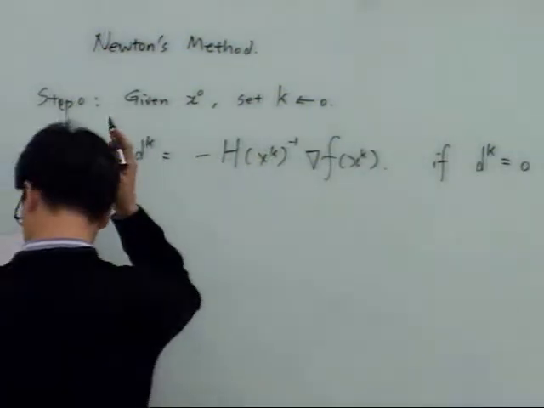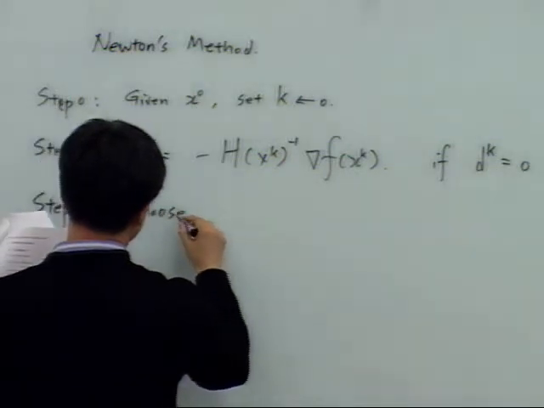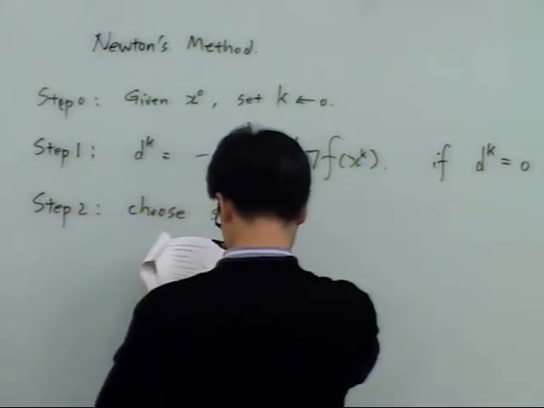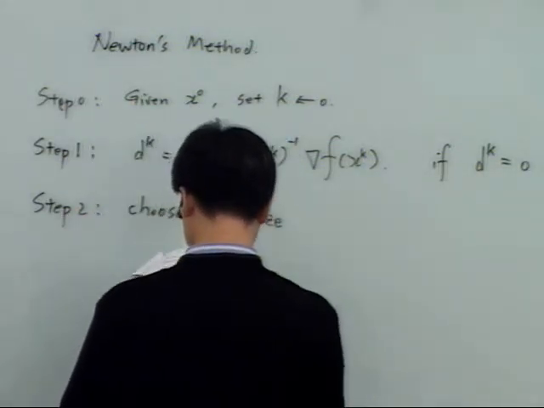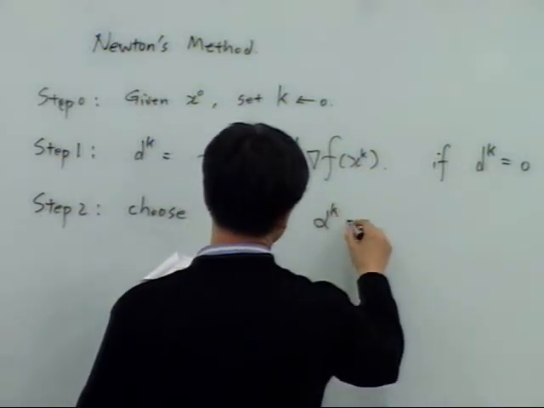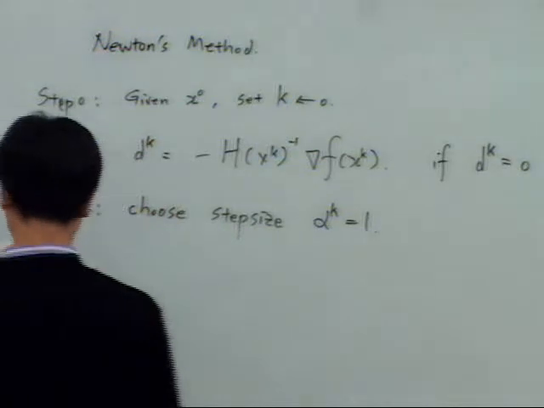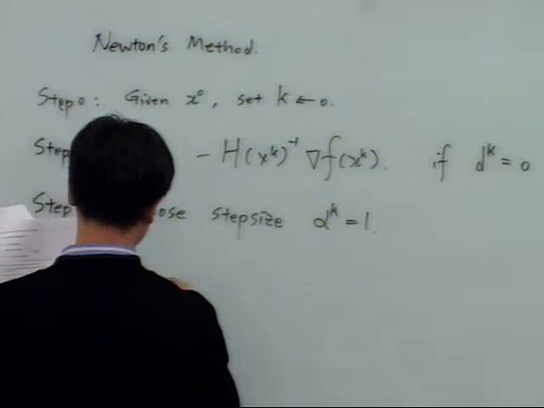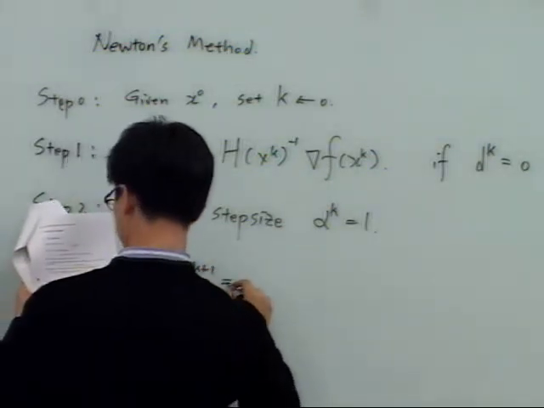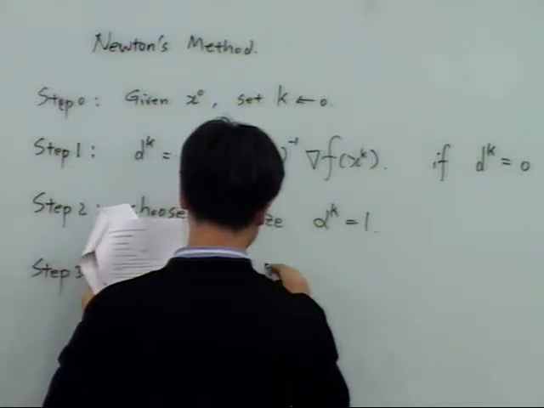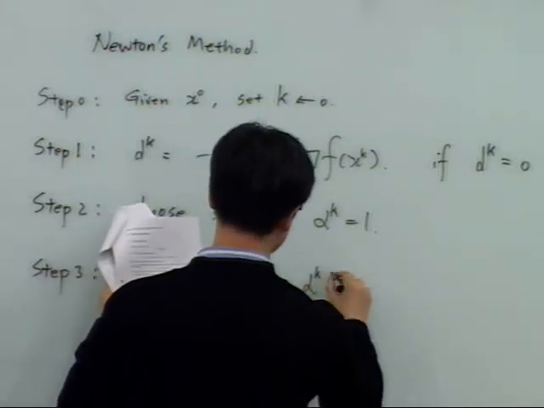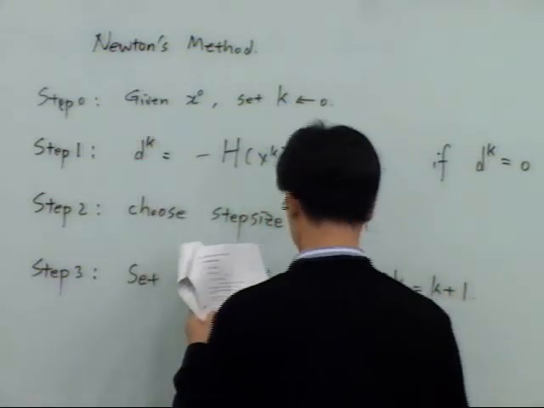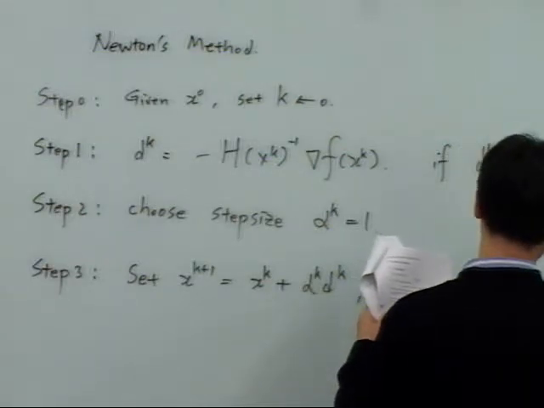Step number 2, choose step size. Step 3, set x_(k+1) equal to x_k plus alpha_k d_k. k is k plus 1 and go to step 1.